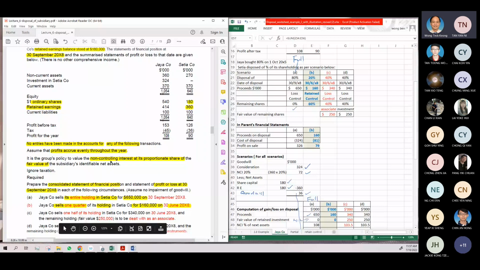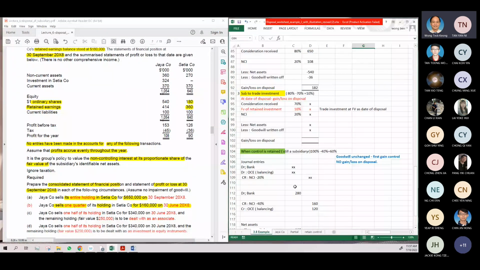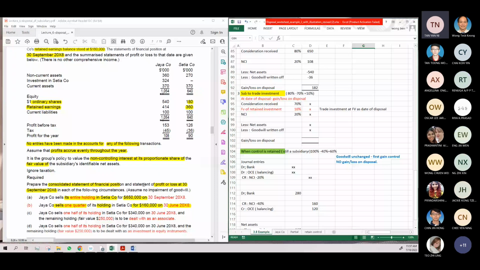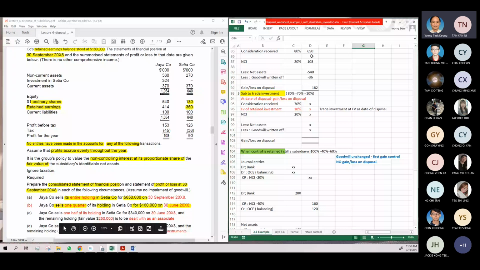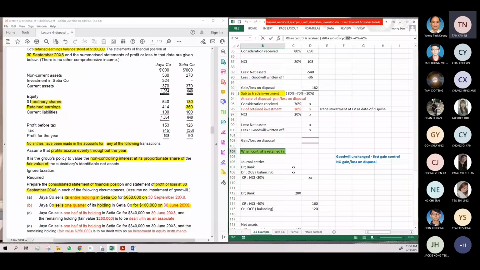So which type is this? There are 3 types here: subsidiary to associate, full disposal, subsidiary to trade investment, or when control is retained. Because this is an 80% subsidiary and you sell off 20%, you still have 60%.